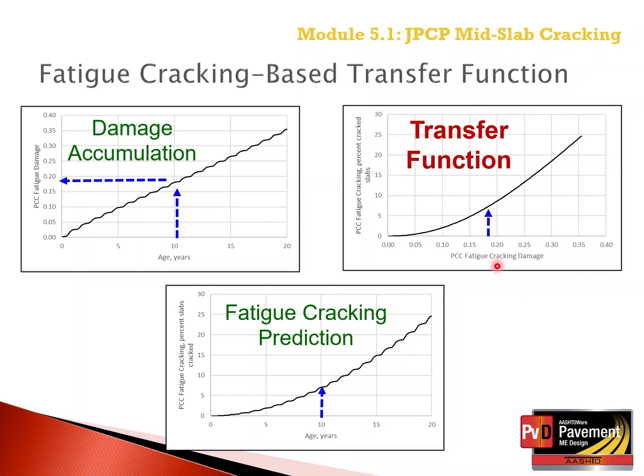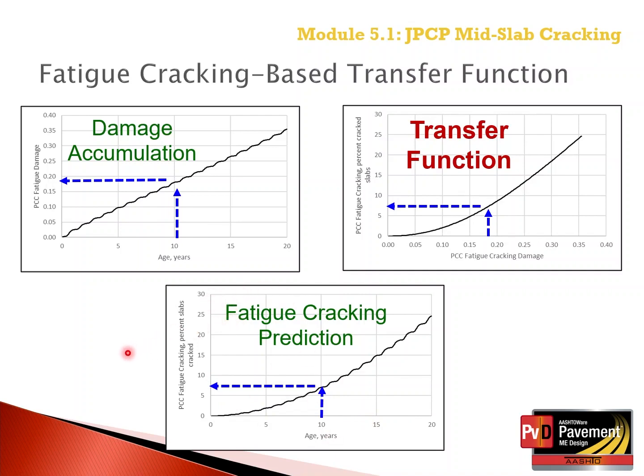The transfer function is used to convert the fatigue cracking to a measured cracking value from the calibration process. The amount of fatigue cracking is displayed by fatigue cracking predicted over the design life.